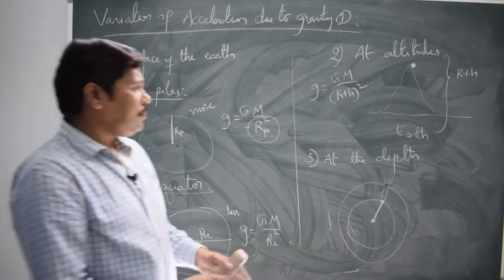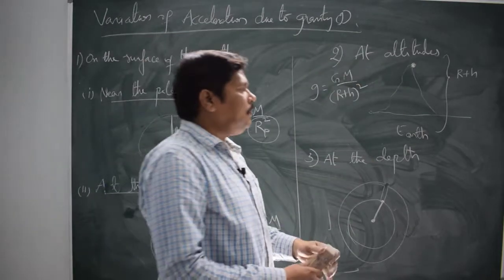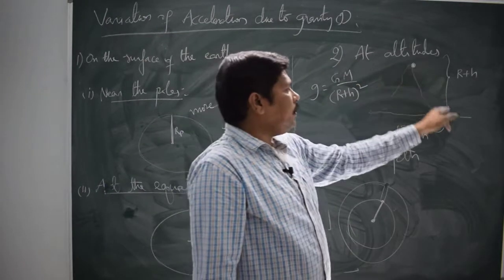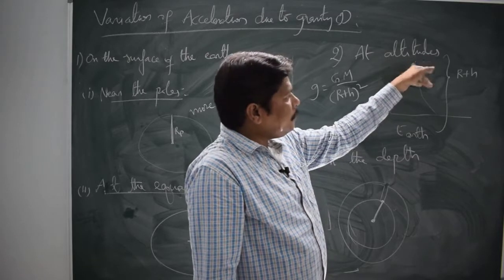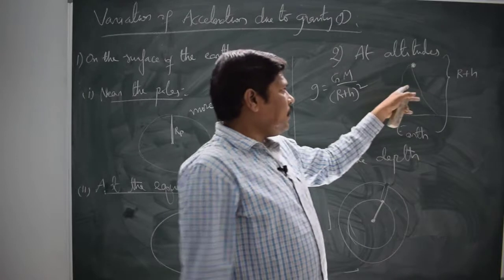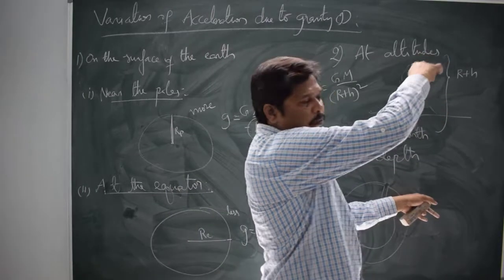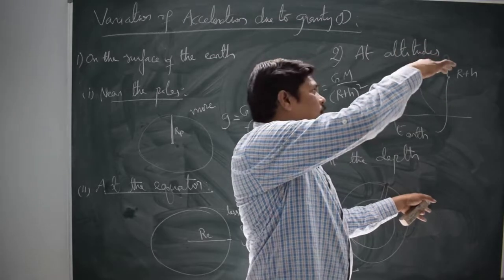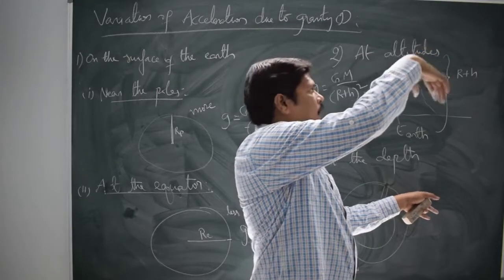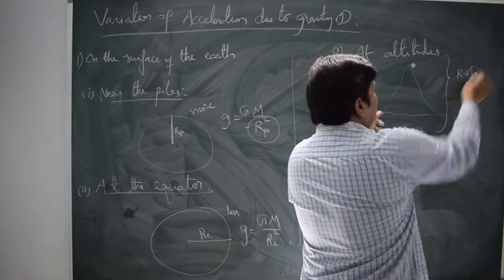At the altitudes, the value of g at the altitudes. Now, if the body is at a height that is significant when compared with the distance from the center of the earth, or if you are going to a height up to 1000 or 10,000 kilometers, at that time we have to consider the height from the center of the earth.